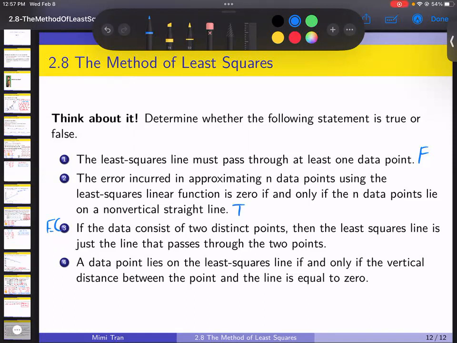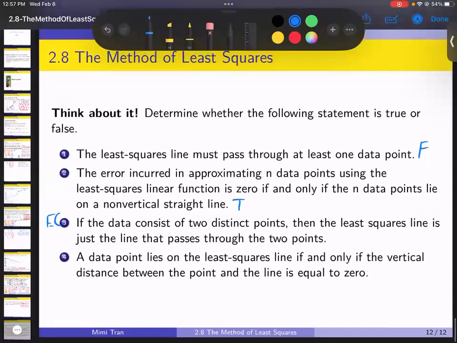I think the problem for number 2 is you have to understand what it's asking you to do. Number 3, that's your extra credit. Last one: a data point lies on the least squares line if and only if the vertical distance between the point and the line is equal to 0. True or false?